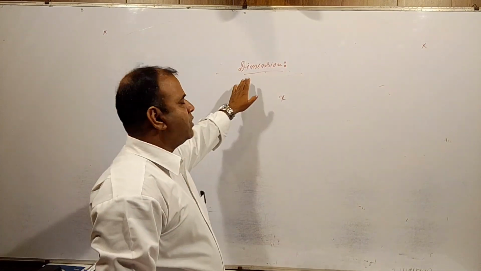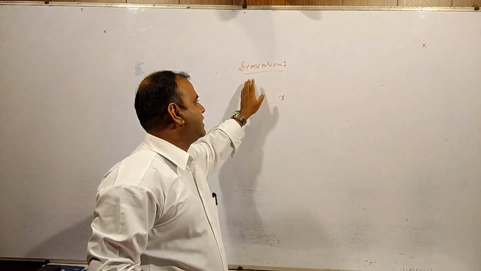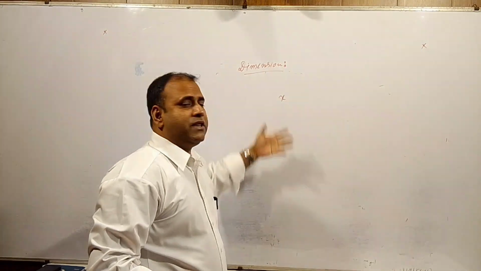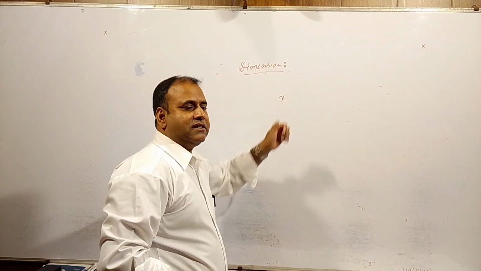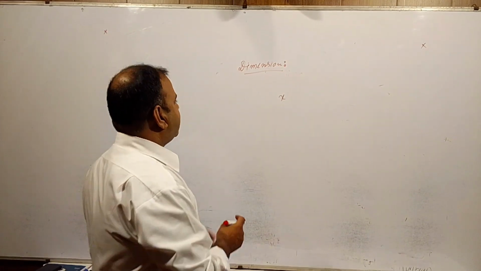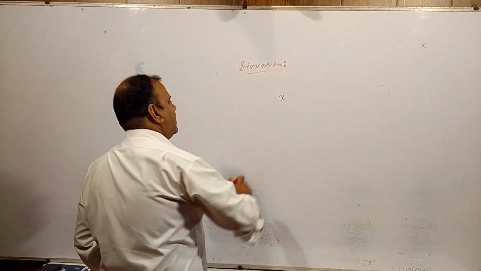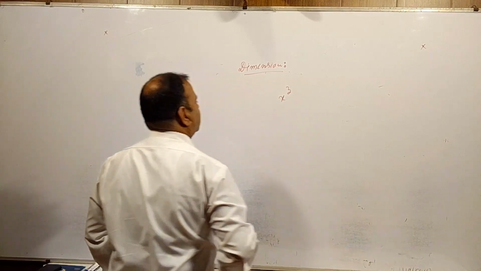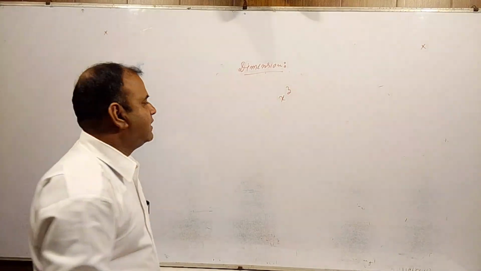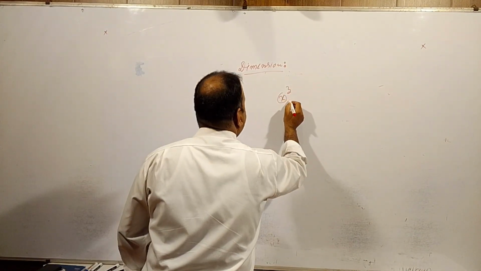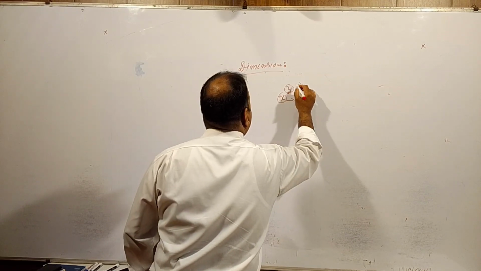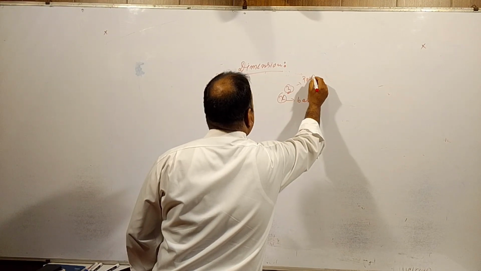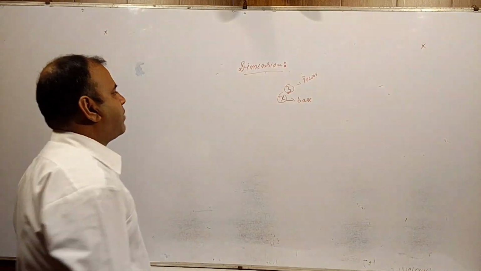Before I give the definition, I am going to start with the basics of dimension. You can see here I have considered x, and x is a variable. When I write 3 here, x to the power 3, this means x is the base and 3 is the power.